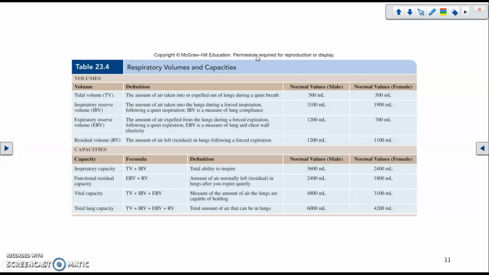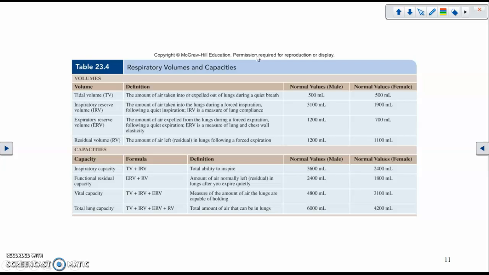In obstructive, your actual passageways are smaller than normal. Asthma is an obstructive problem. COPD, obviously by the word obstructive, is an obstructive problem. So those are the two main types of respiratory problems.